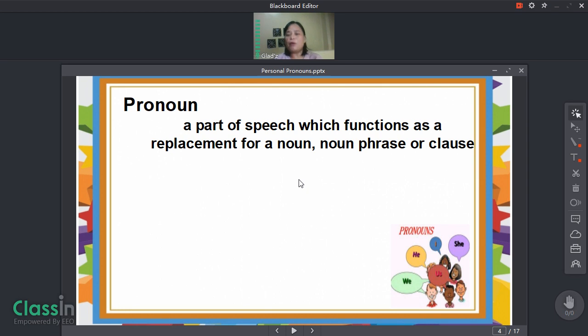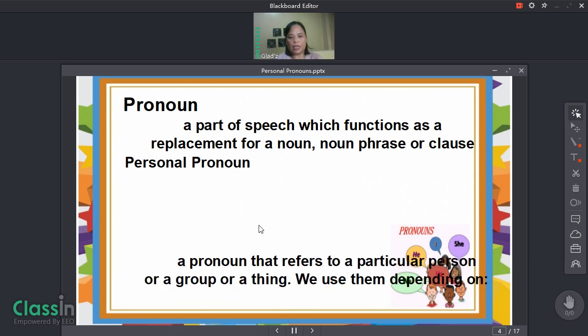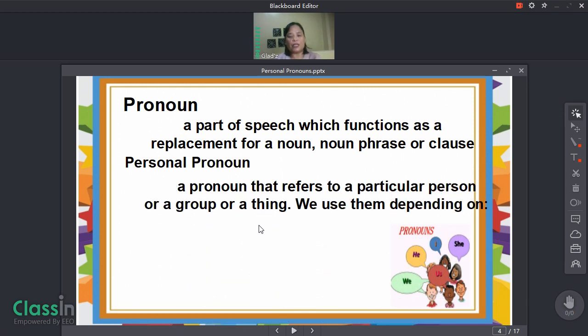And then how about a personal pronoun? It is a kind of pronoun. What do you mean by a personal pronoun? This is a pronoun that refers to a particular person, a group, or a thing.